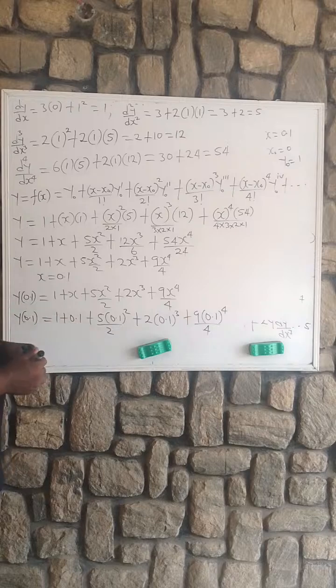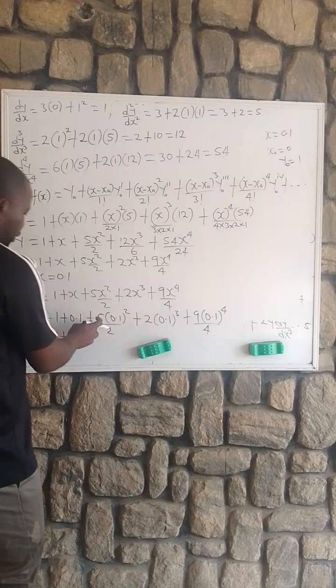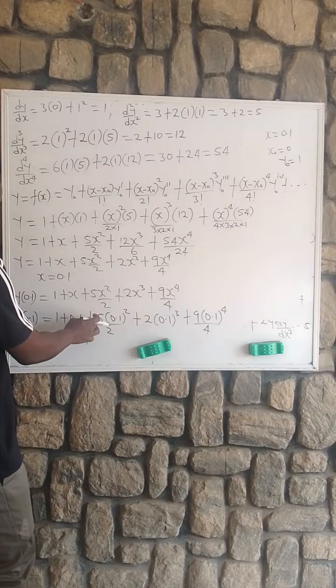At first, let us use y of 0.1 is equal to 1 plus 0.1 plus, use 5 divided by 2.